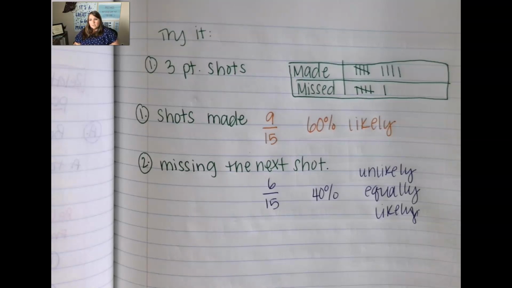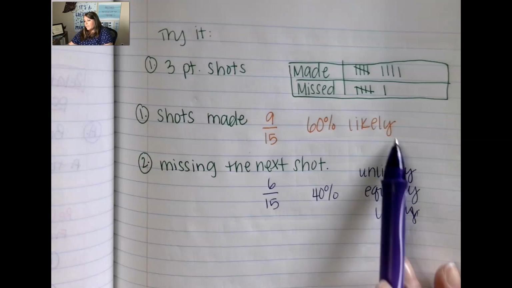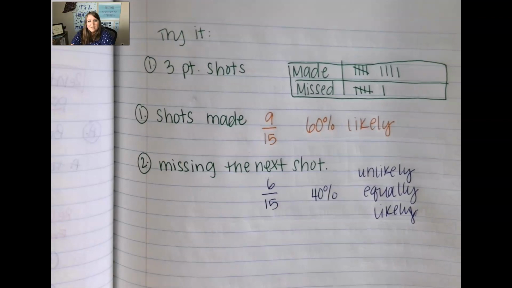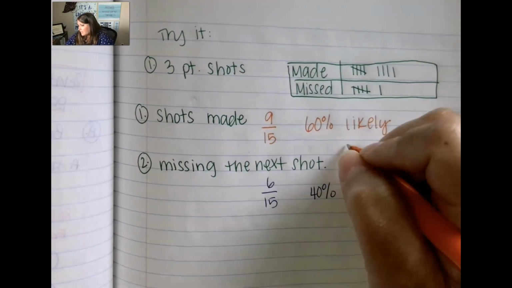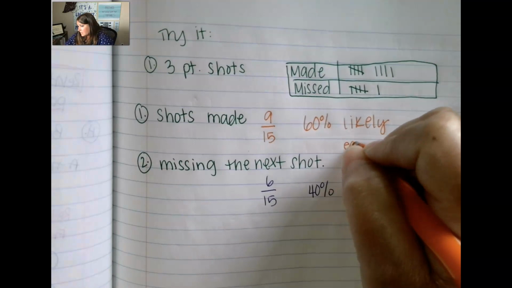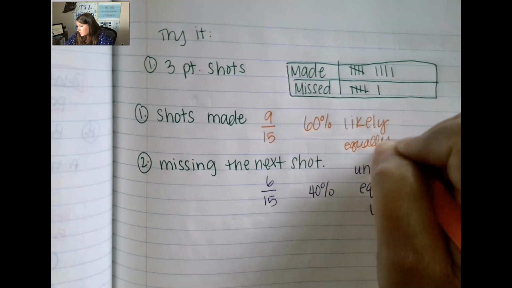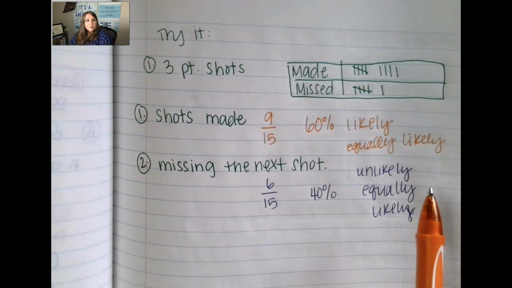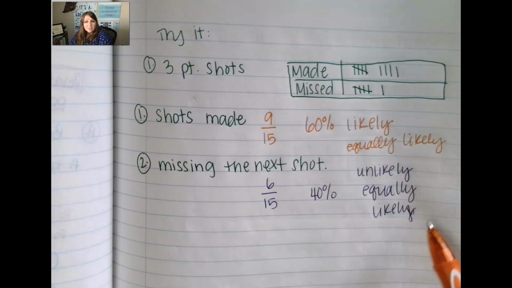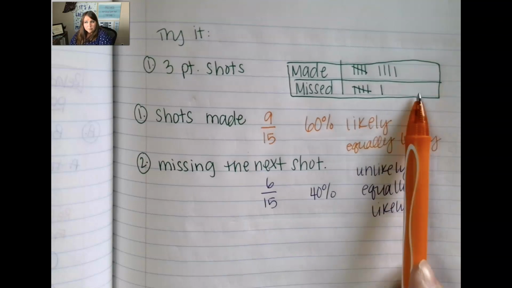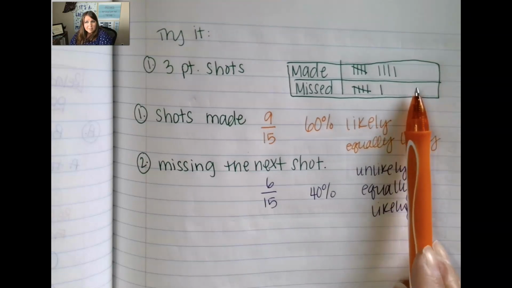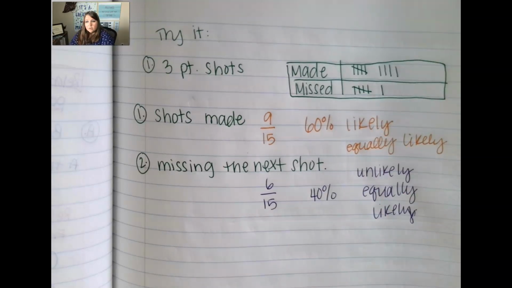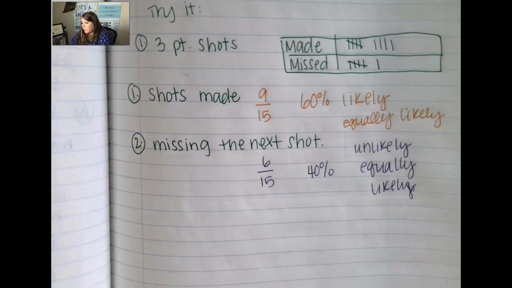We're really close on here. It's really close to 50%. Could be closer to 50%. It's really close to a 50-50 chance. There's not enough data here to show if we're going to make it or miss it. So, okay, so close to 50% on that one.